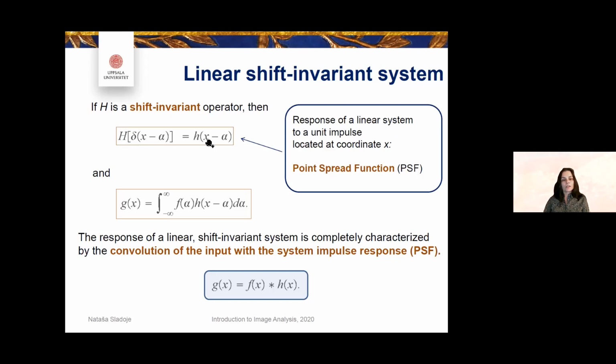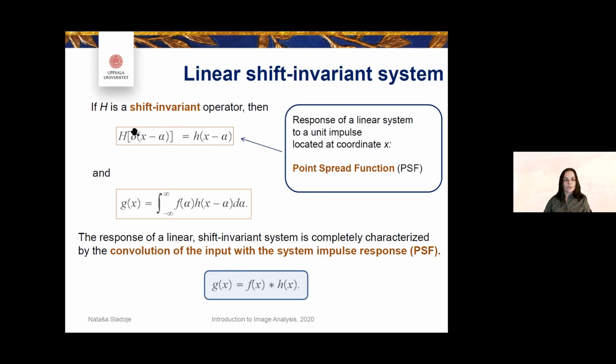Now, this function, which we just use to denote this entity here, is known as the point spread function, PSF. It represents a response of a linear system, because we use the assumptions that we did, to a unit impulse located at the coordinate x.